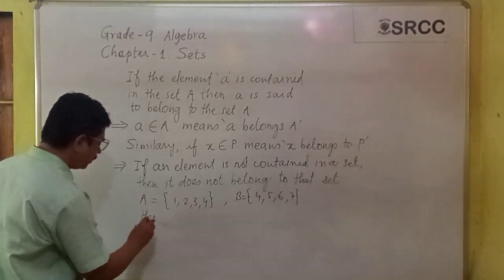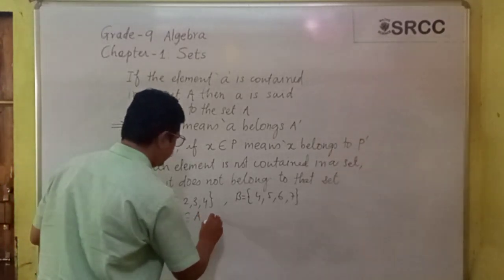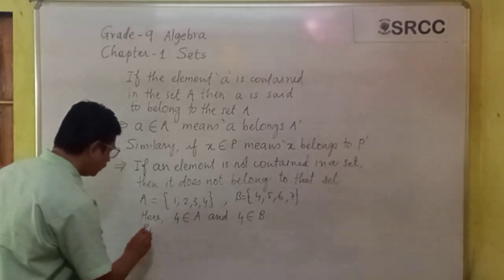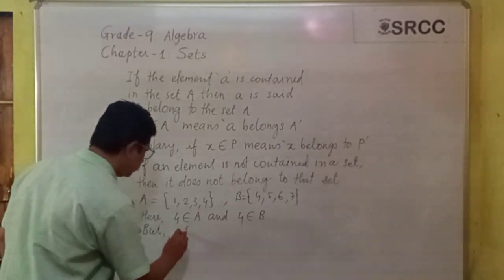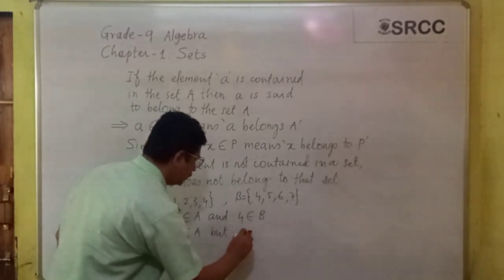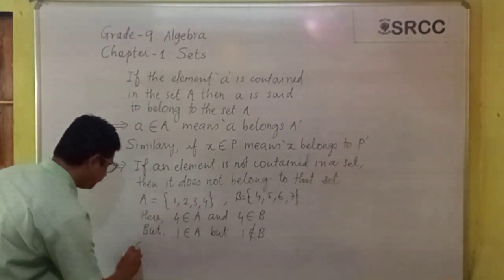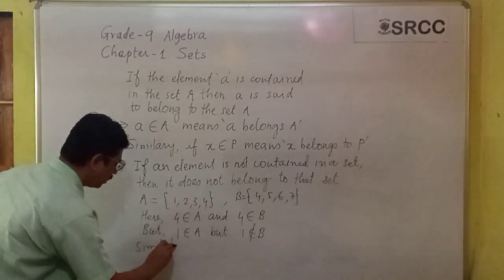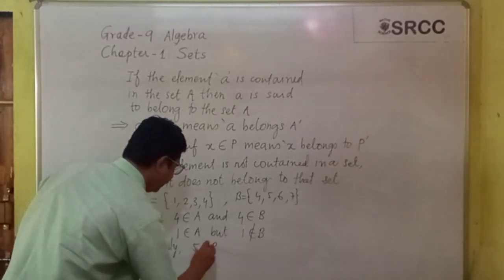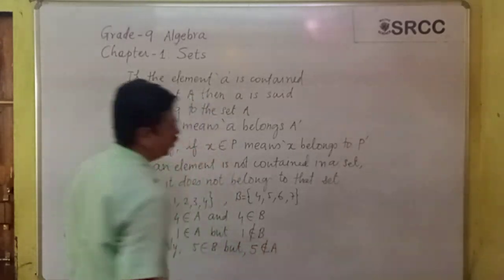Here we see that 4 belongs to A and 4 belongs to B as well, but 1 belongs to A, but 1 does not belong to B. Similarly, 5 belongs to B, but 5 does not belong to A.